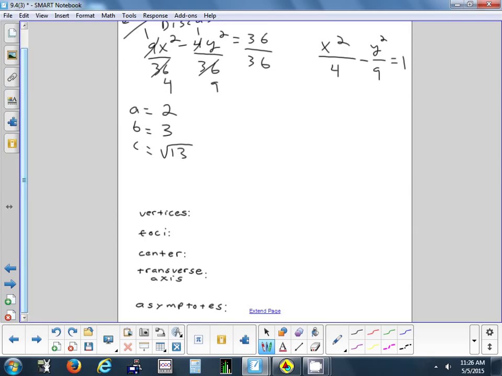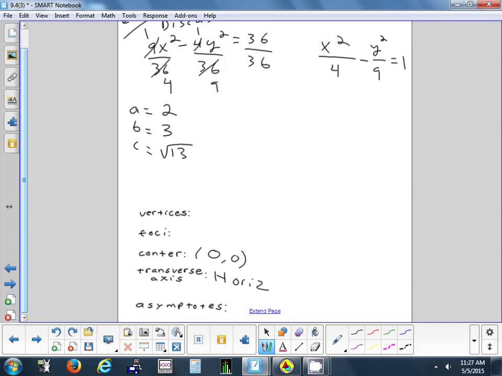Okay, center. If you just see an x and a y in the numerator, you haven't shifted it. Center's at the origin. First term is positive, and it's x, so transverse axis is horizontal. This tells me vertices and foci are going to line up horizontally, left and right of the center. Brianna, could you tell me what my vertices would be?